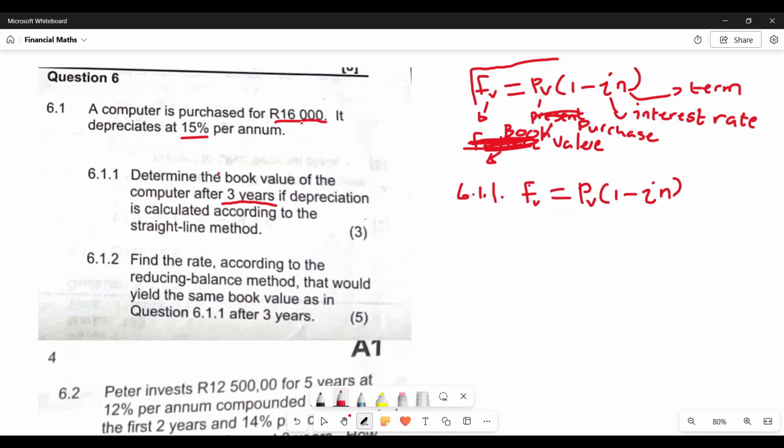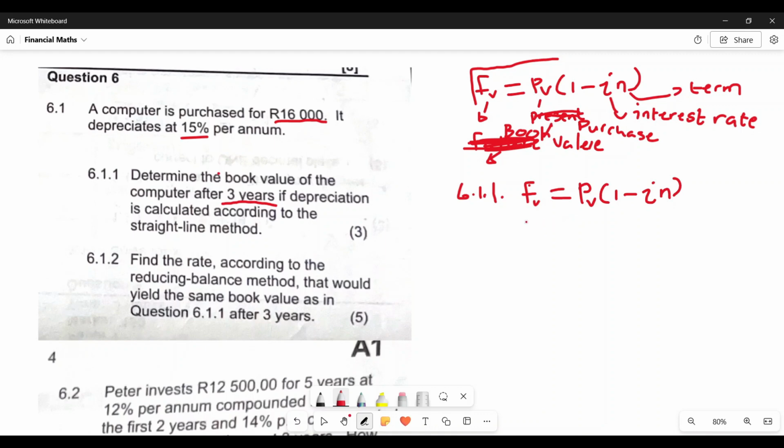Already we have the 16,000, which is our purchase value. We have the 15% per annum, which is the interest rate, or rather the depreciation rate. And then we have the term, that is 3 years. So this is pretty straightforward.